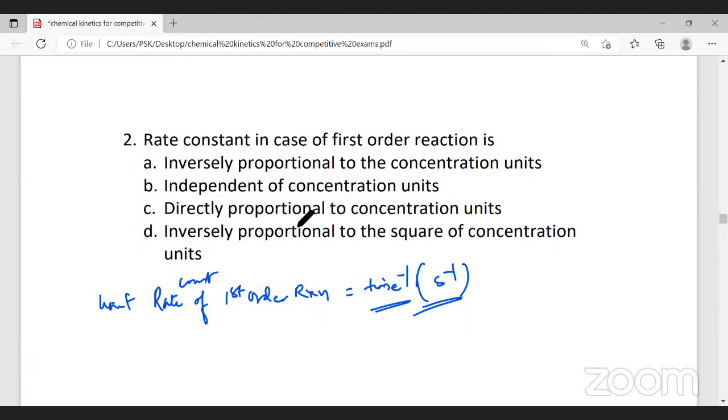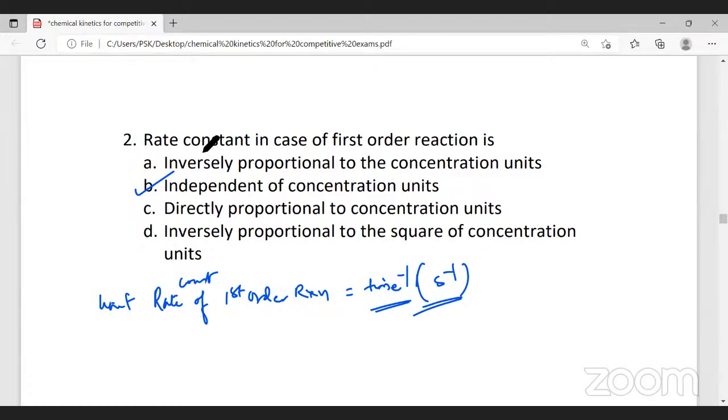If the first order rate constant were depending on concentration, you would have the unit also based on concentration, like mole per decimeter cube or mole per liter. But here you can clearly see from the unit of the first order reaction, the concentration term is not there. It means the rate constant is independent of the concentration units. Therefore, the answer for this question is option B.